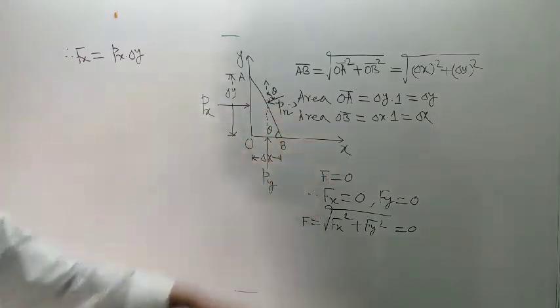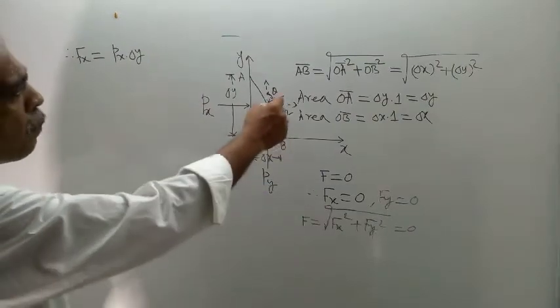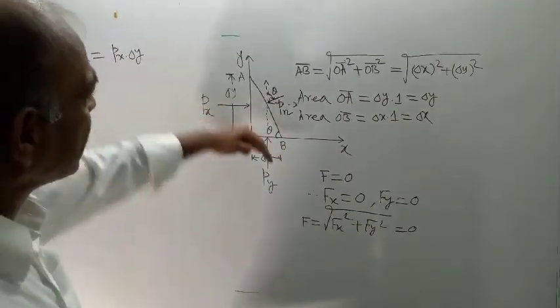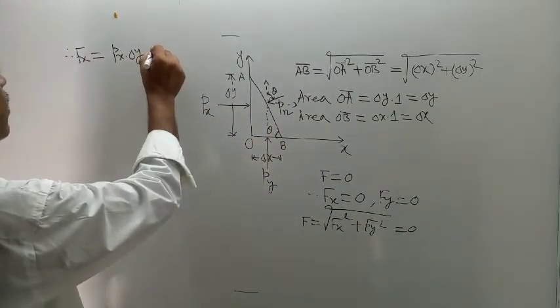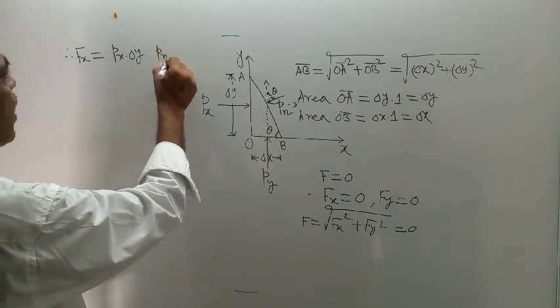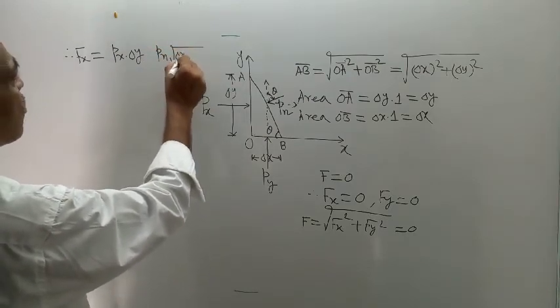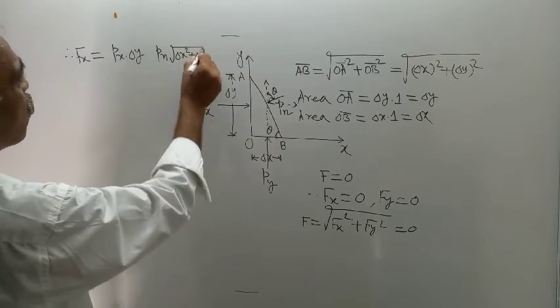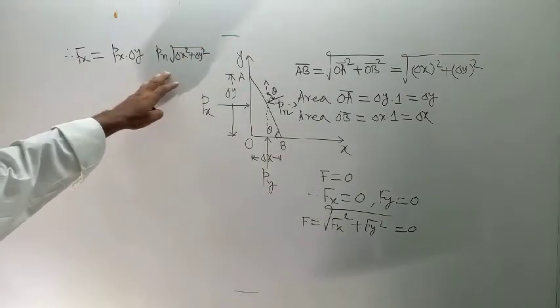So what will be the component? Here the force will be Pn multiplied by this area. The area is root over delta x square plus delta y square. This is the force.